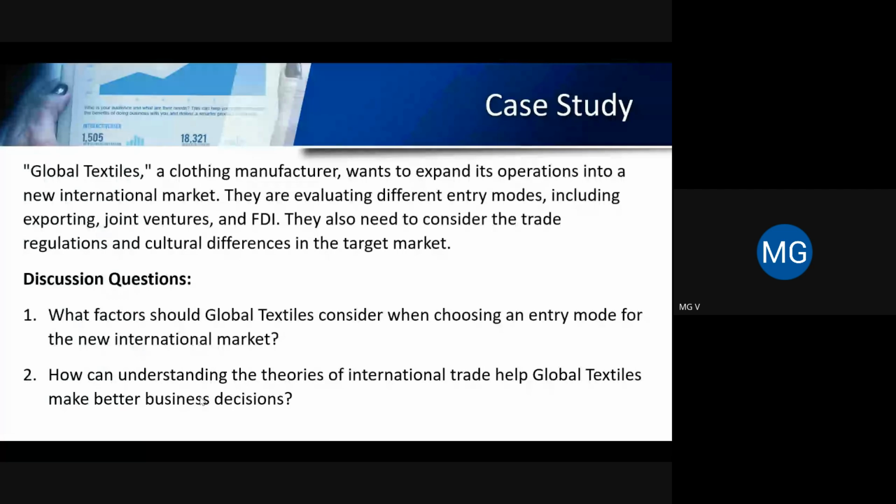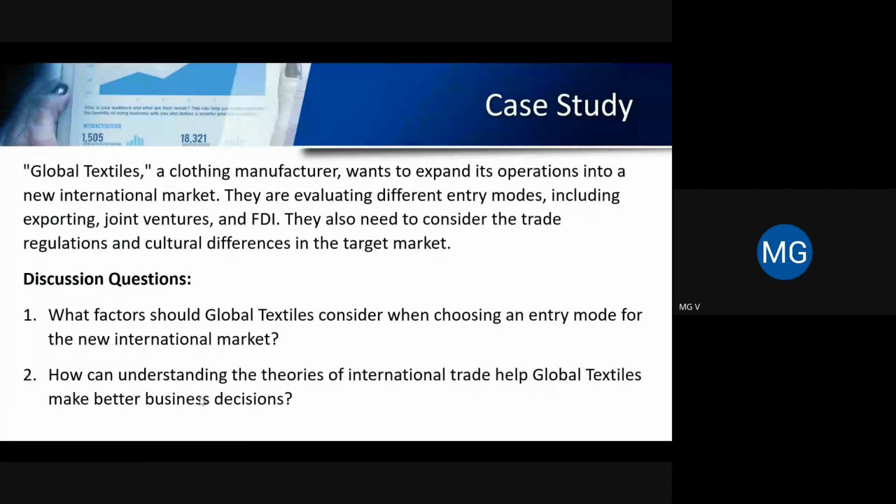Okay, so basically, market size, market access, control over operations, investment risk, and cultural differences can be taken into consideration besides what you have mentioned.